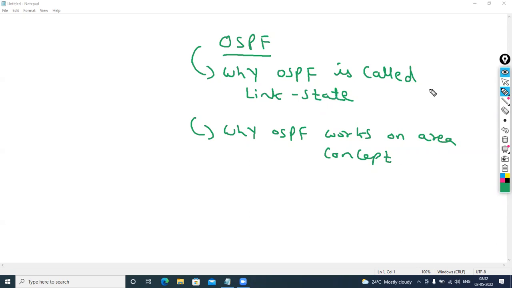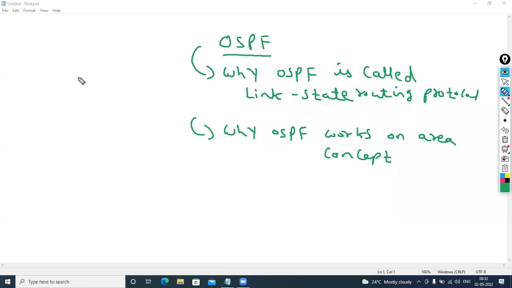Routers exchange link state information. That is the very reason. Good. Why OSPF is called a link state routing protocol is because OSPF calculates the best path based on the interface cost.